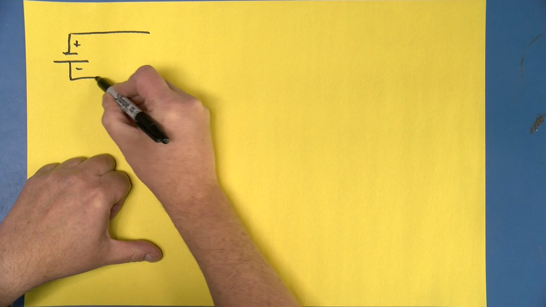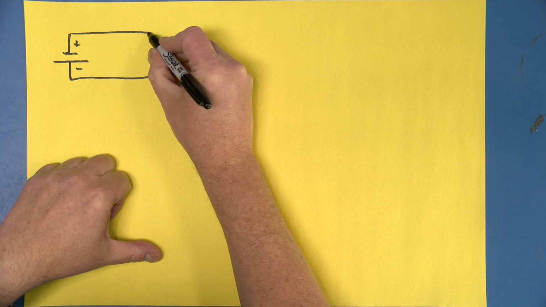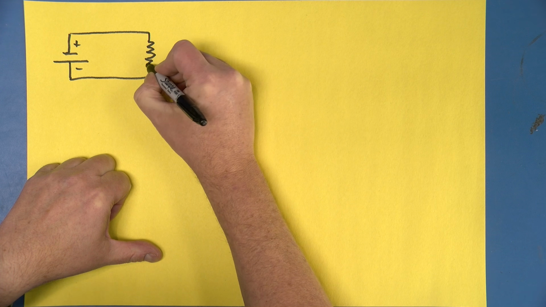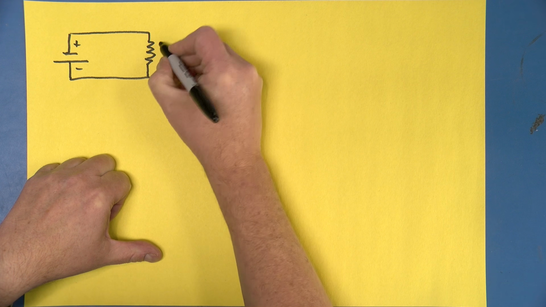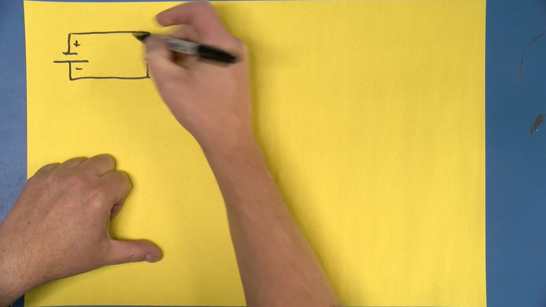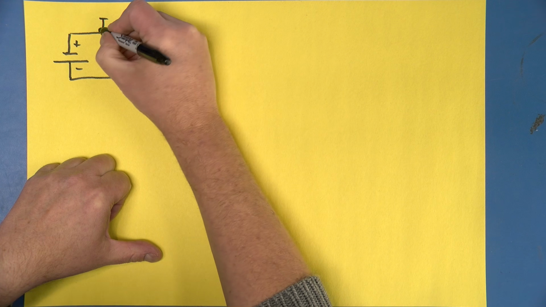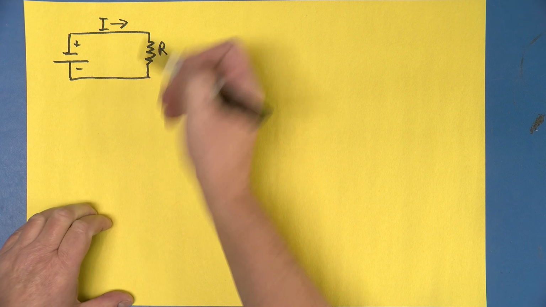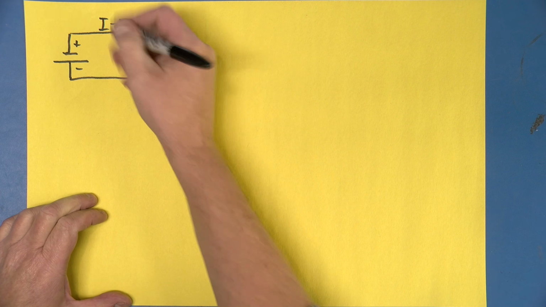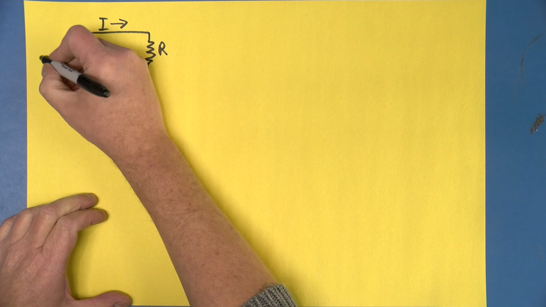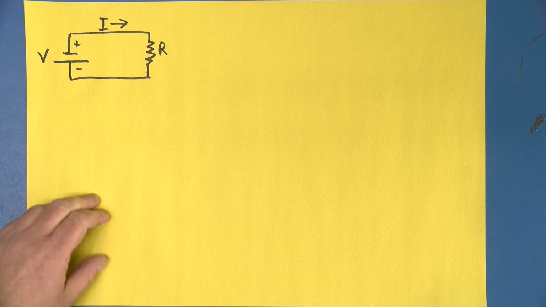And the very complicated circuit that it's attached to is a resistor. We'll call the resistor R. We'll say that there is a current I flowing through the circuit, and the voltage of the battery is V.